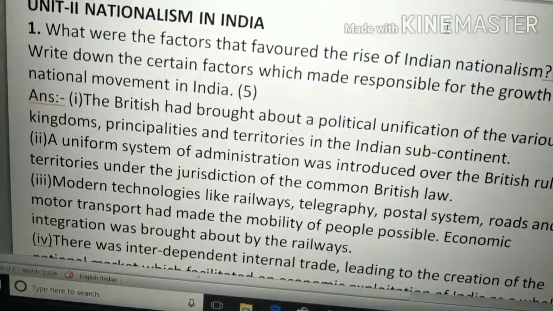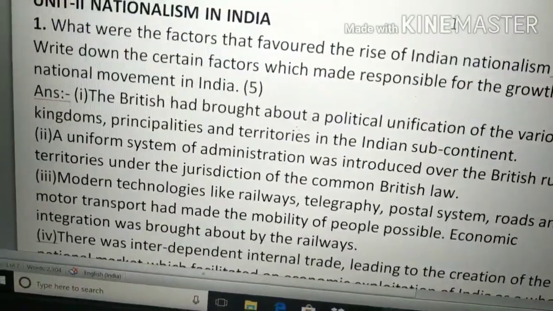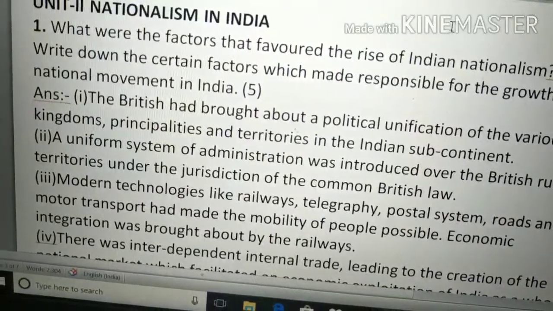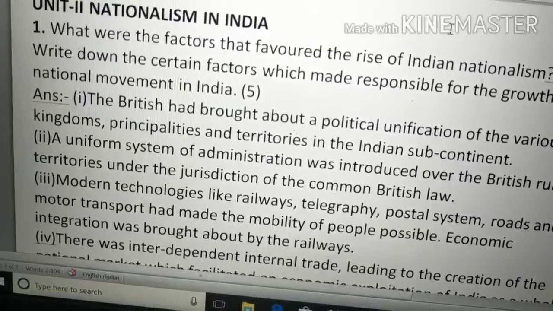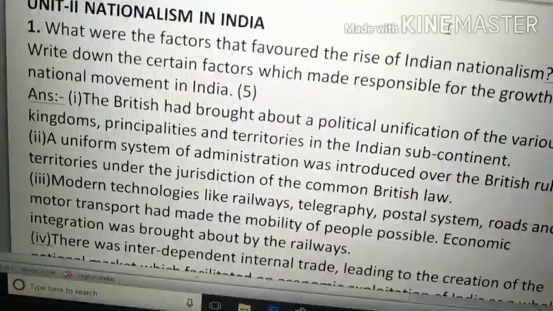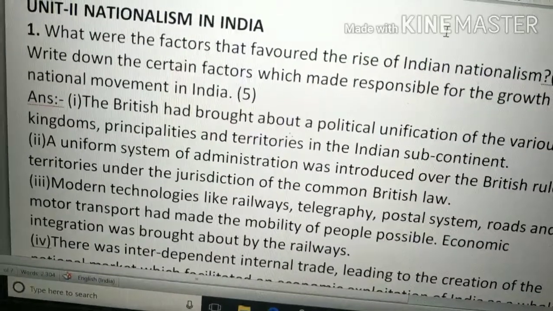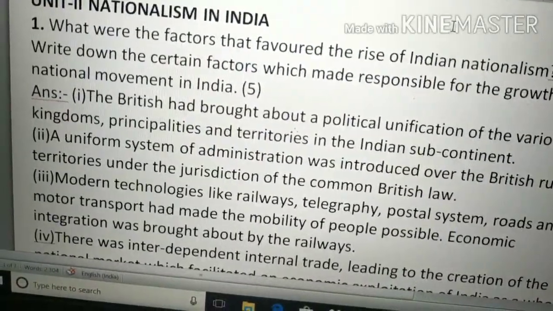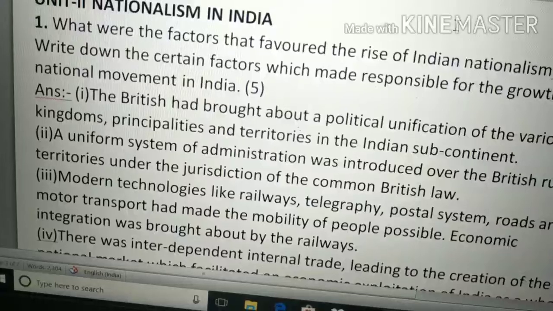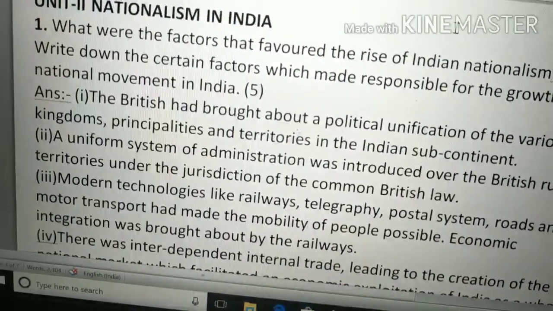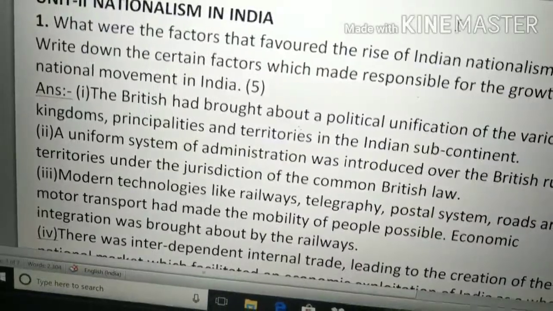Point number 3. Modern technologies like railway, telegraphy, postal systems, roads, and motor transport had made the mobility of people possible. Economic integration was brought about by the railways.